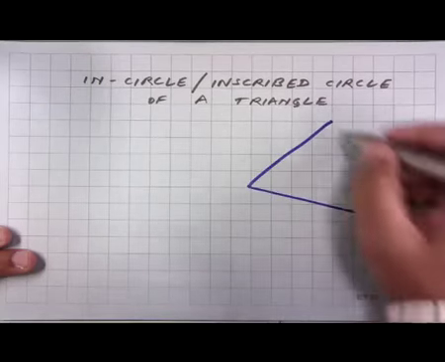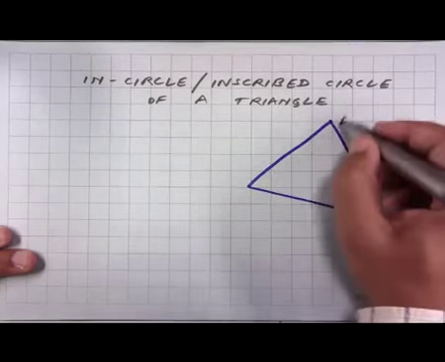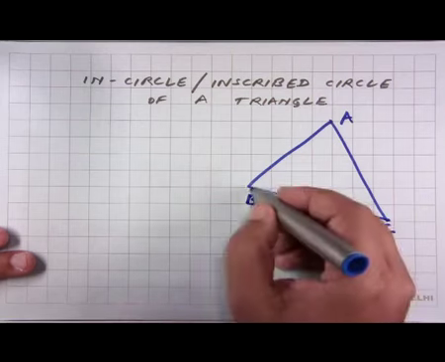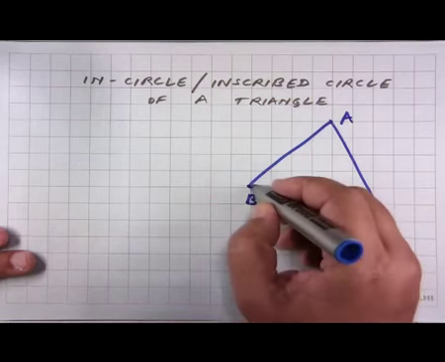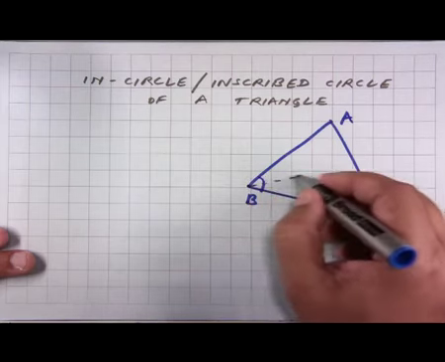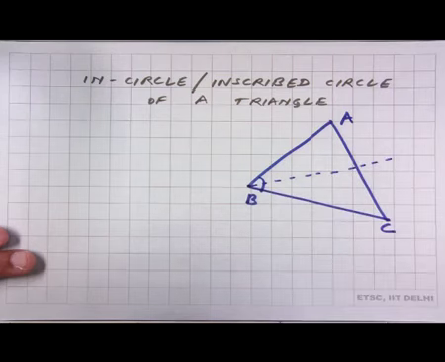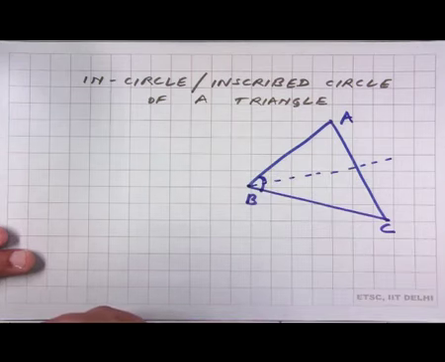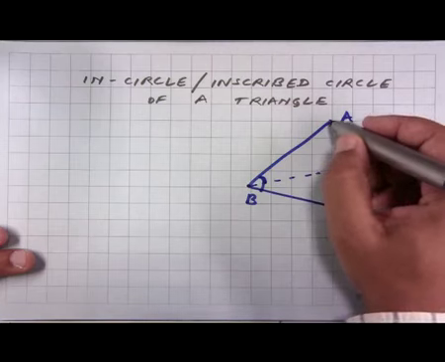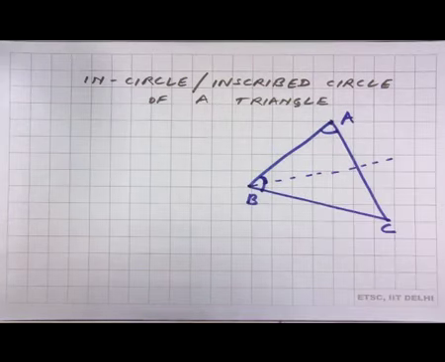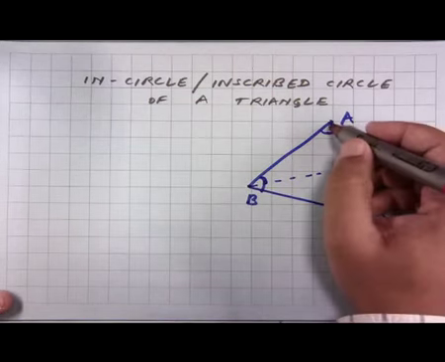So, let us suppose that we have this triangle ABC over here, and let us say that we bisect this angle B. So, let us say that this dotted line here is the angular bisector of angle B. So, this angle here is B by 2, and then we also construct the angular bisector of angle A. Let me show it with a red line.